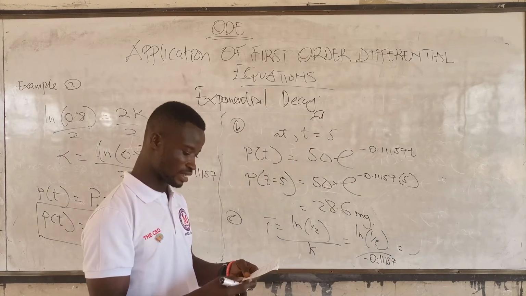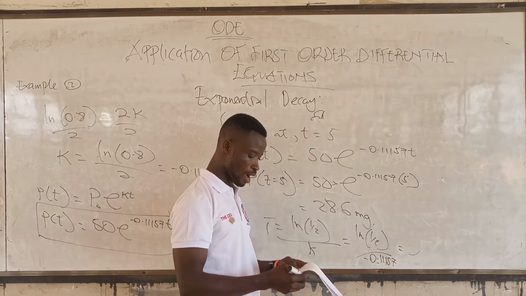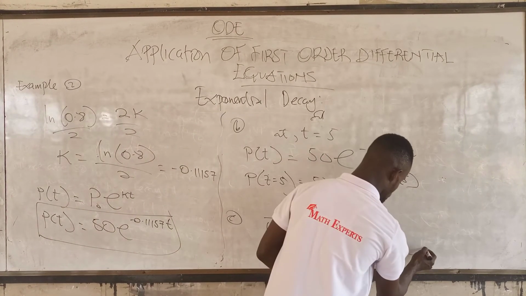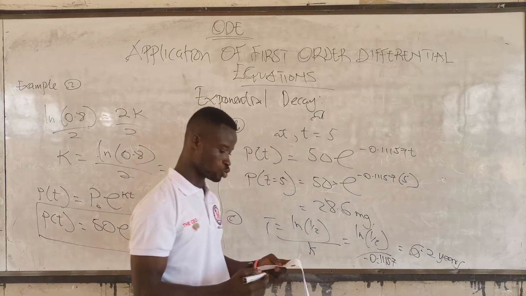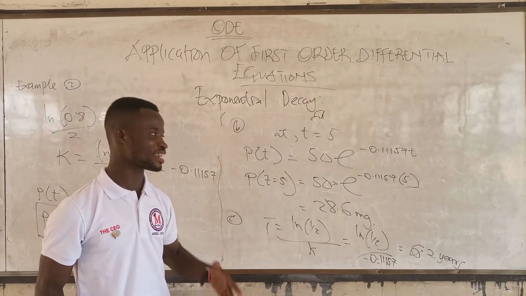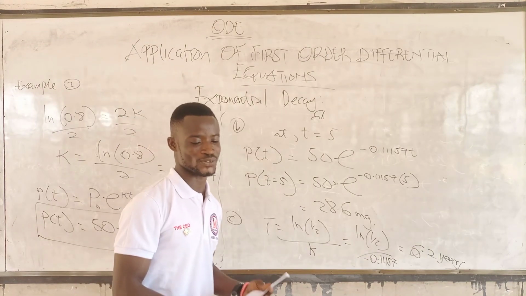And when you do that, you are going to get it to be approximated to 6.2 years. Beautiful. In fact, you can use the long method, you still get it. Still the same thing, choose the one that you go by.